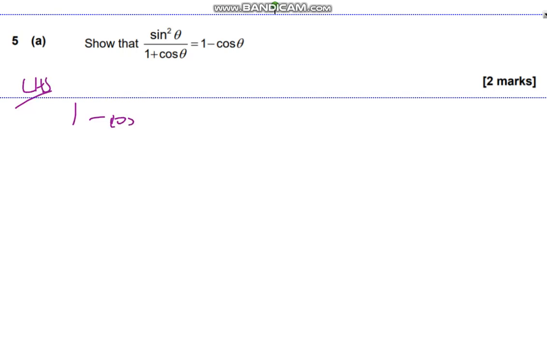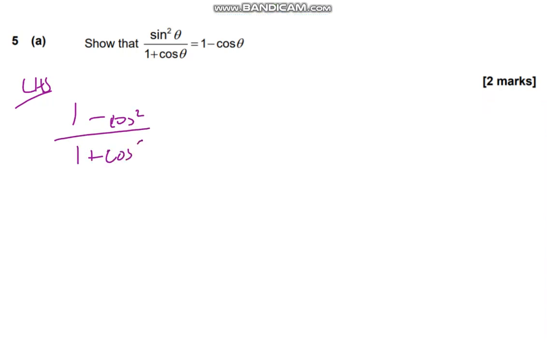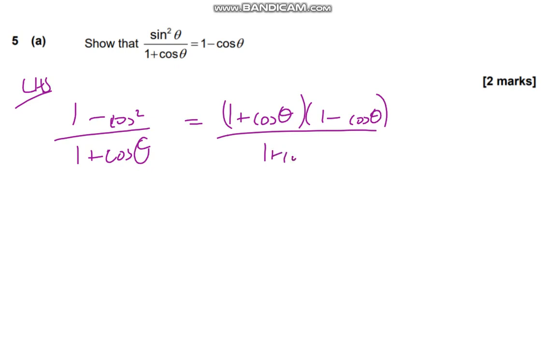So 1 minus cos squared over 1 plus cos theta, and then we can factorise the top because it's a difference of two squares into 1 plus cos theta, 1 minus cos theta, over 1 plus cos theta, and those two cancel out, and there you go, we're left with that.